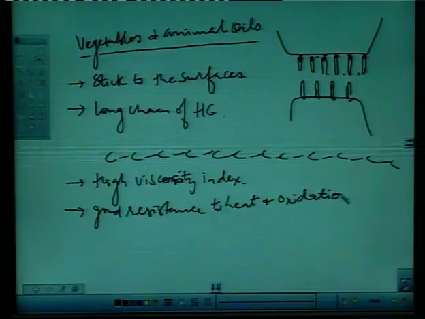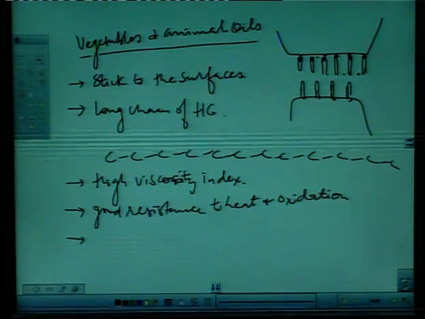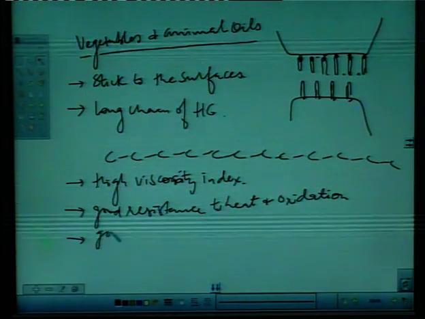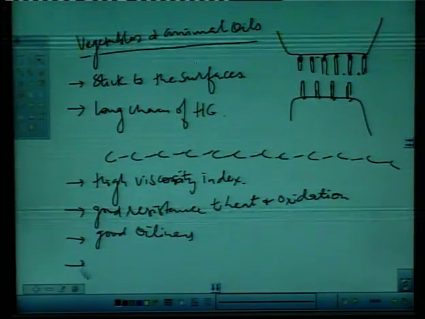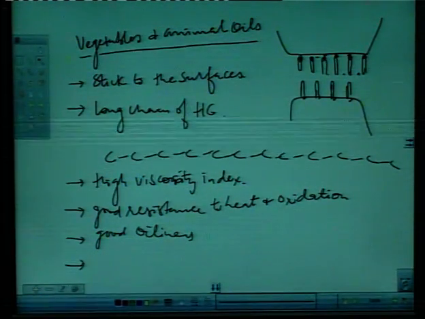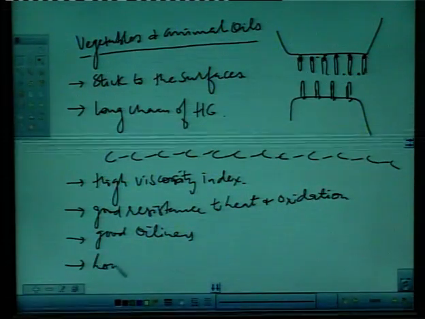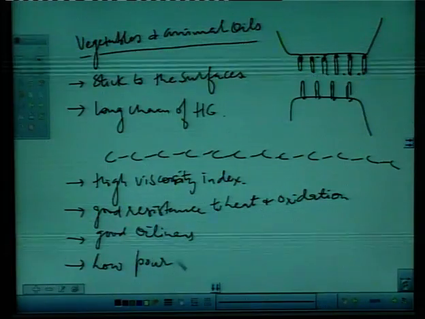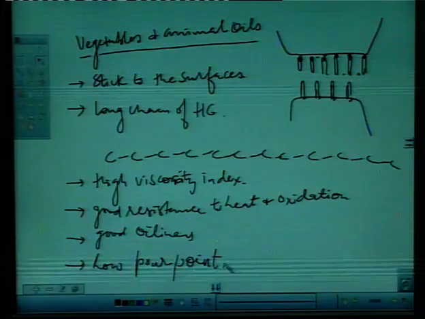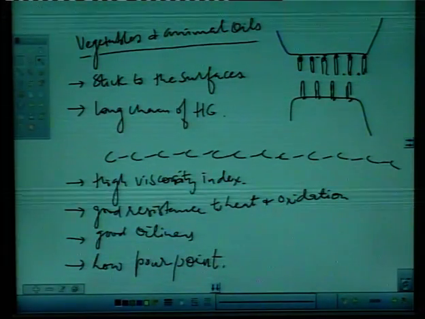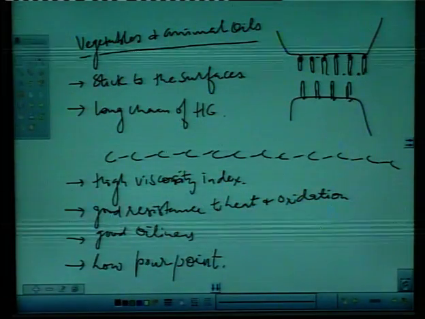They should have good oiliness. Okay. And they have a low pour point. So what is pour point? Pour point is the minimum temperature at which the oil ceases to flow.